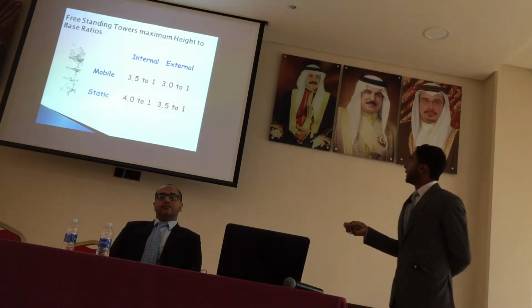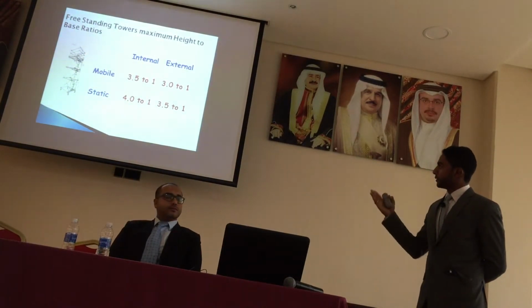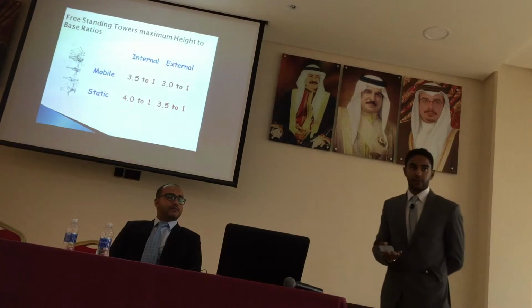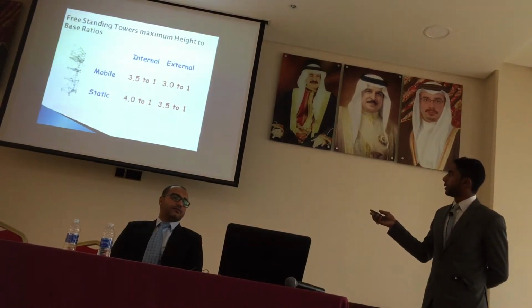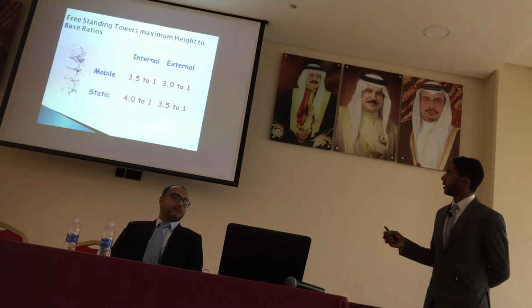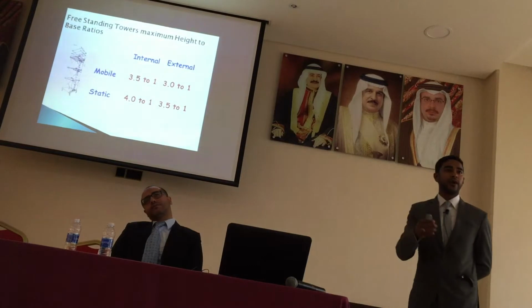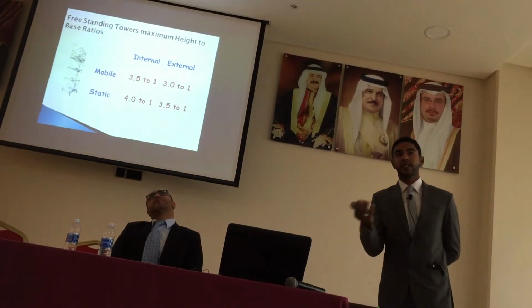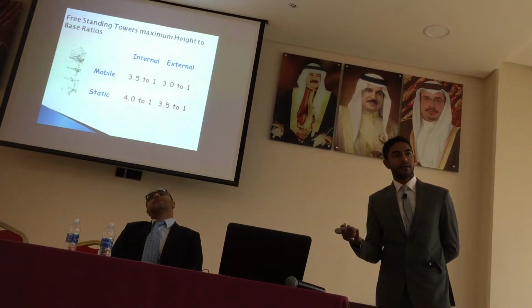Okay. When it goes for static, meaning without caster wheel, not mobile, it can go for 4 times the smallest dimension. Okay, this is for internal. Internal means somewhere where the scaffold is not subject to wind. You mean inside the building?